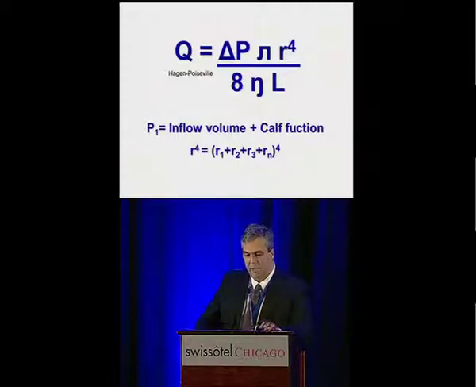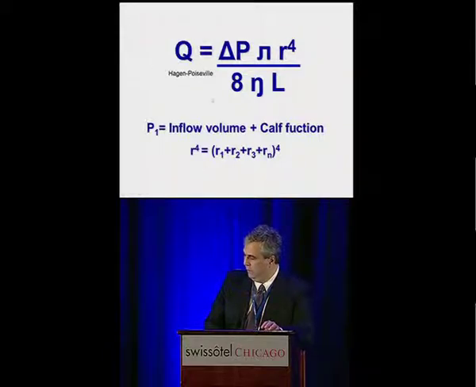And why do I say that? Because what we want when we're doing this kind of procedure is to get flow. So key: flow. And how do we get that flow?